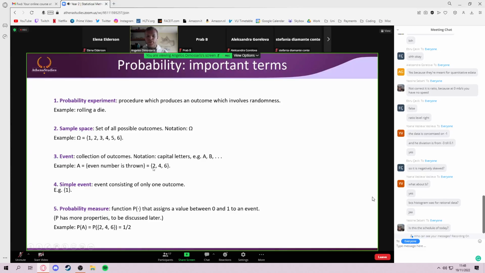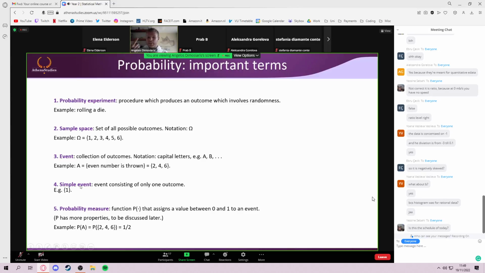In that case, it would be, again with the same brackets, 2, 4, or 6. My sample space indicates all possible outcomes, and I can group these outcomes into events, such as an even number thrown or something else.